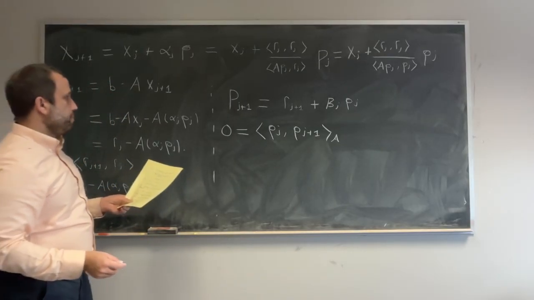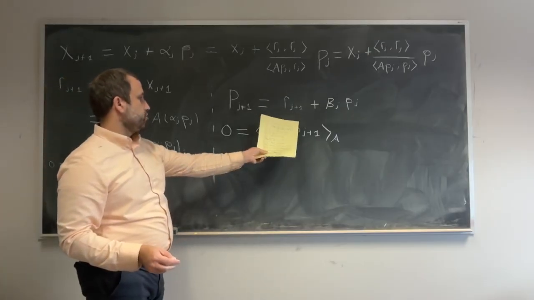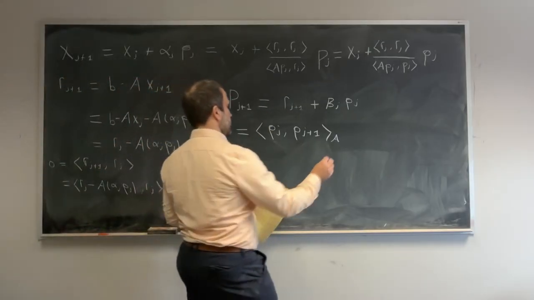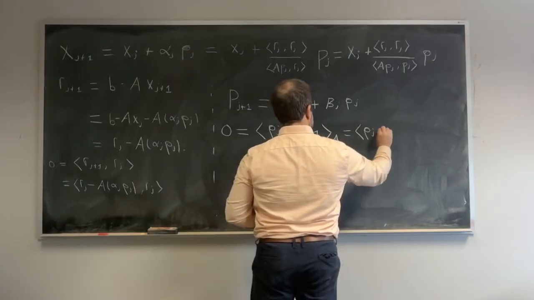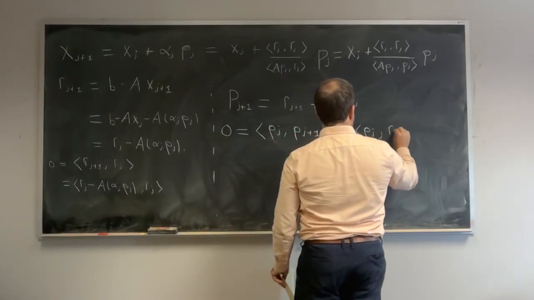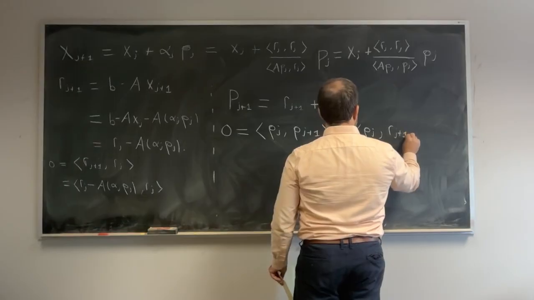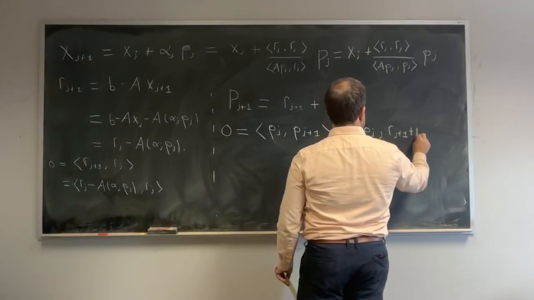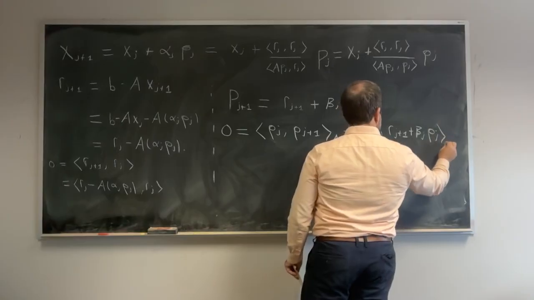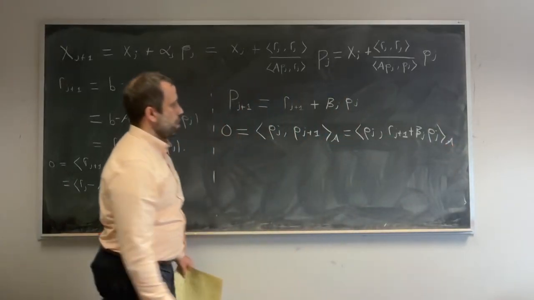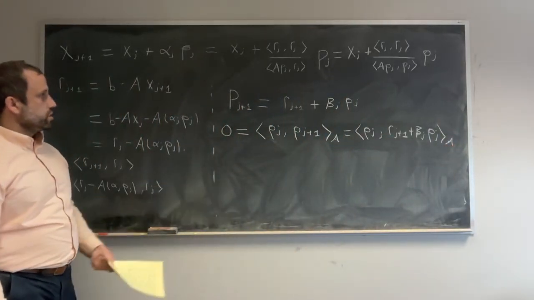Okay, but what is p_{j+1}? I have this formula here for p_{j+1}. So I'm going to have p_j and then r_{j+1} plus beta_j p_j in the A inner product. And again, this is equal to 0.